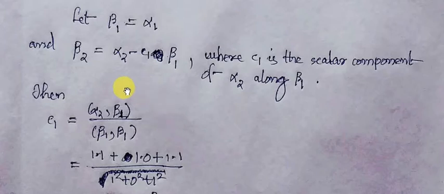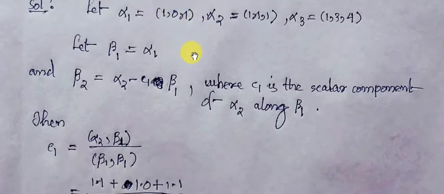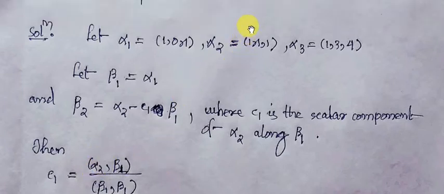And we also know how to calculate this inner product. We have calculated the inner product of alpha 2 and beta 1. Beta 1 is basically the vector alpha 1, and alpha 2 is this vector.